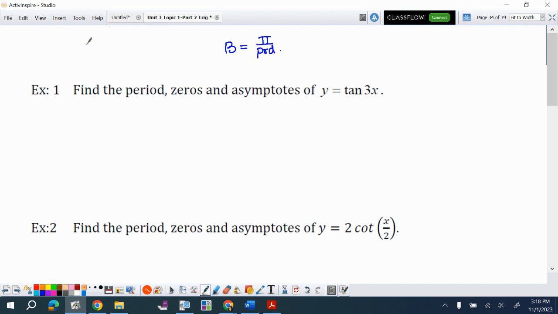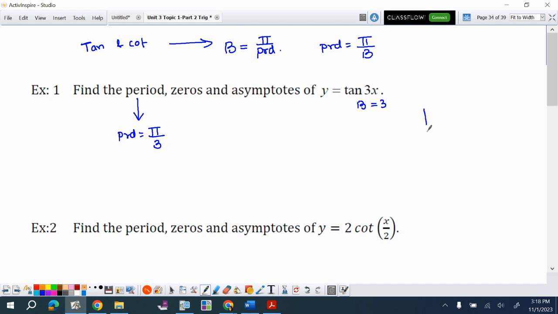For tangent and cotangent, the relationship is 1 pi. In other words, period is pi over b. So in this case, b is 3. So what's the period? Period is pi divided by b, which is pi over 3.